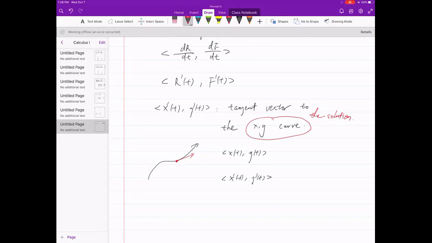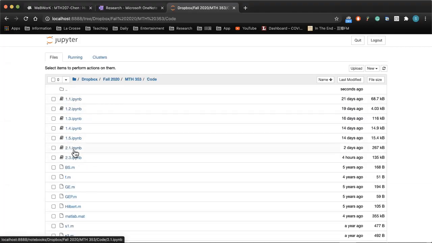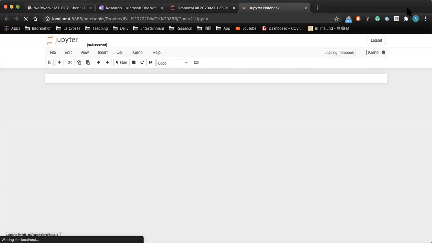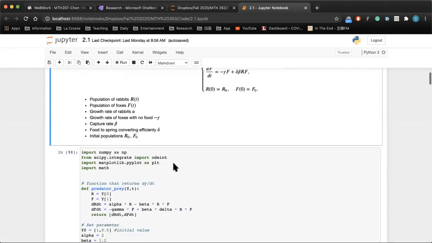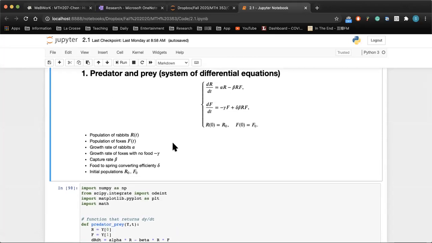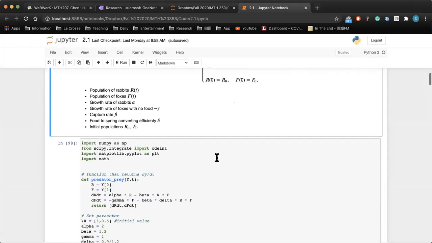Okay, that's the idea. Now let's take an example, because we certainly want to draw it by coding. All right, so this is what we have for the predator and prey. Alpha, beta, lambda, gamma, delta, and beta.